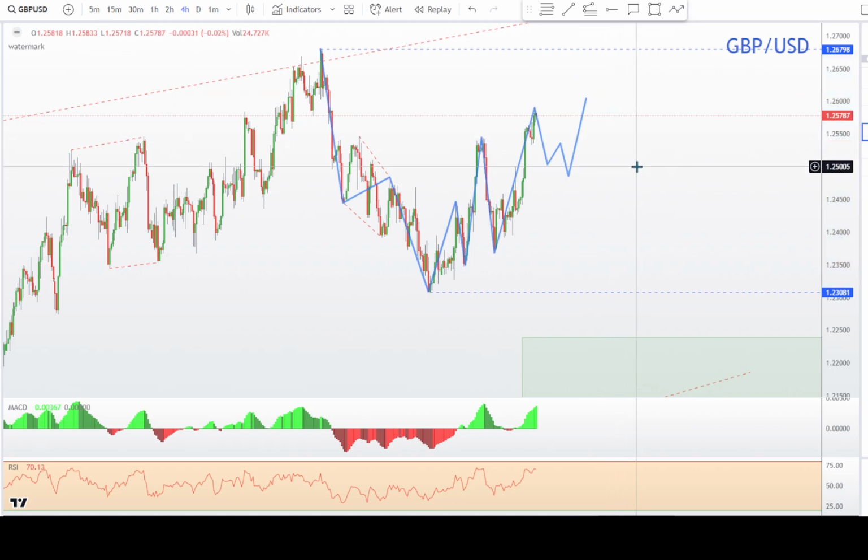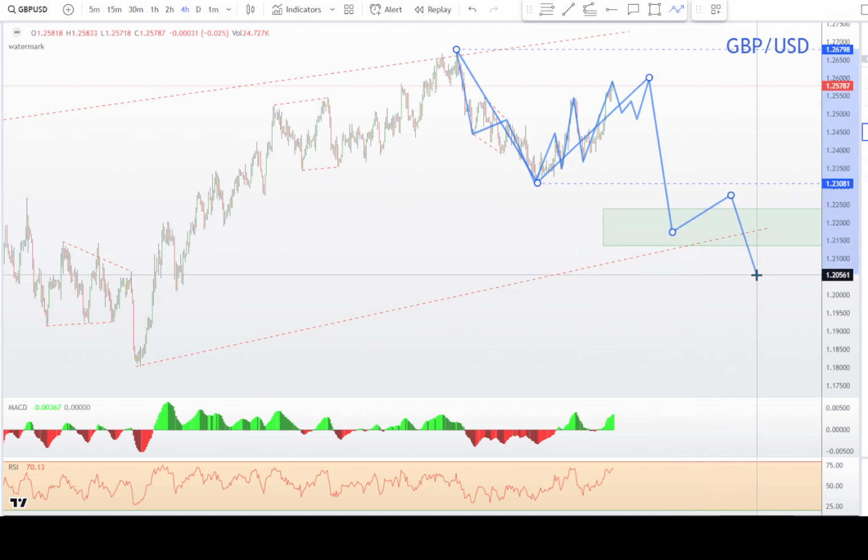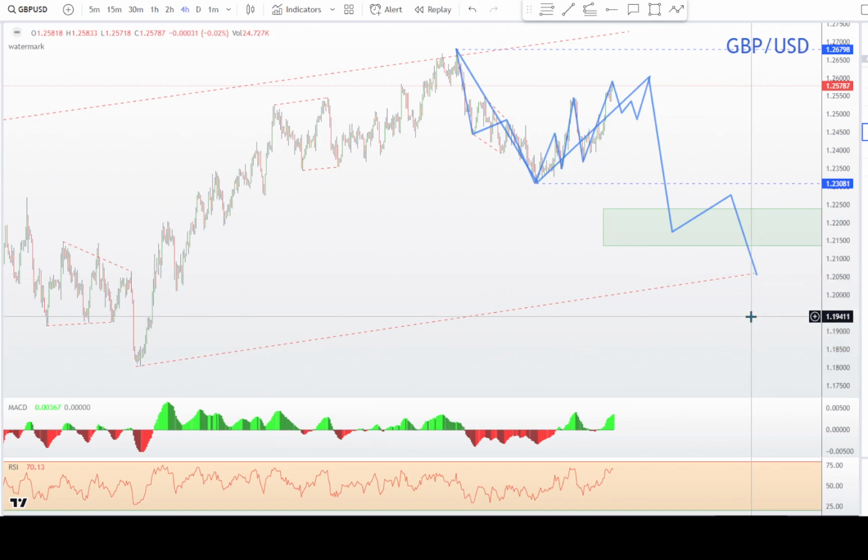Now that could be one of two things, because we need 5 waves. It could be that that will be 1, and then that'll be 2, and then they'll come down for 3, 4, and 5, and then the running flat will be more like that.